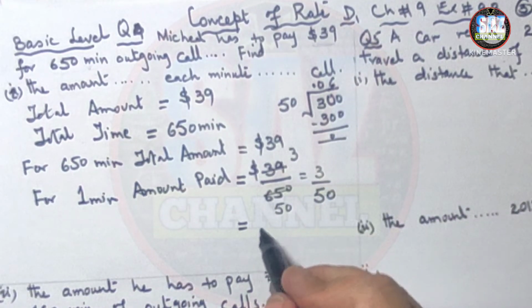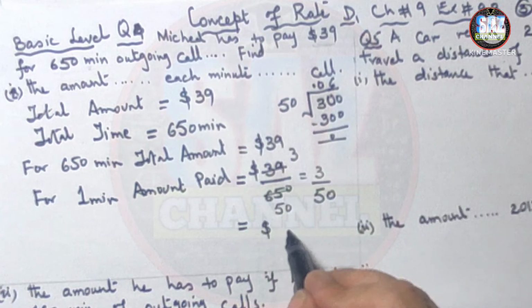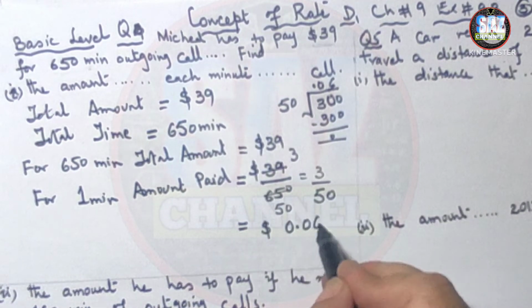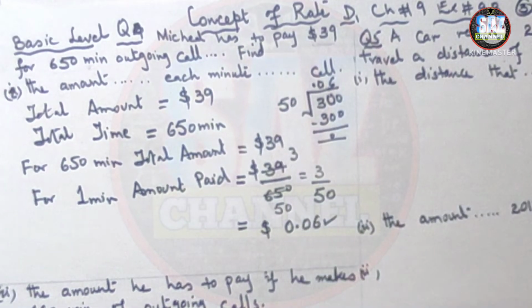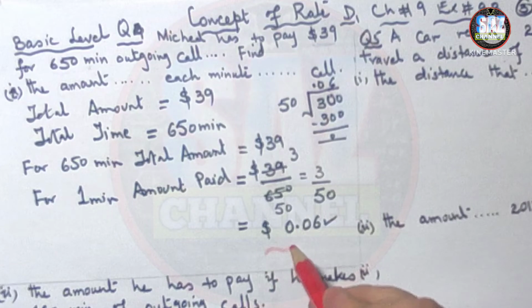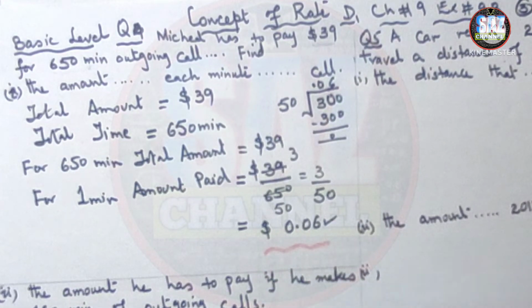So the cost or the amount paid for 1 minute will be equal to $0.06. I hope students you are really clear how we are finding the amount or the bill paid for 1 minute. This is a really important question, and very much applicable in your everyday life as well.